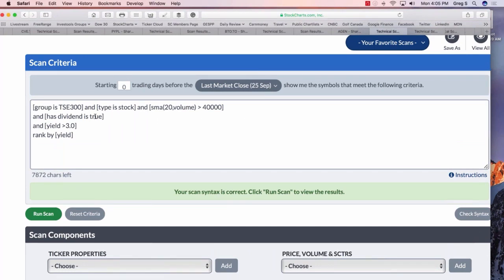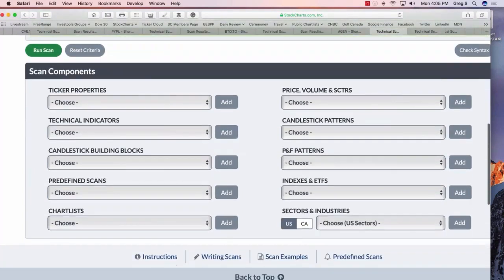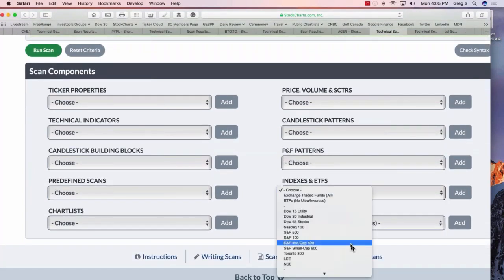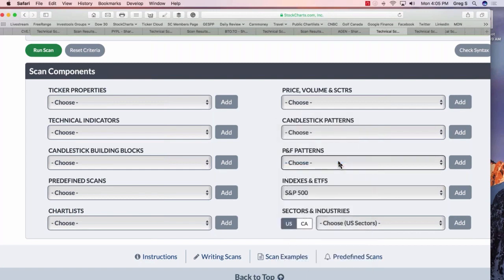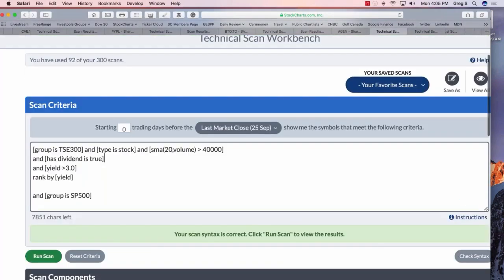So in this case, it has a dividend and you can pick the yield. Well, let's just change the group here. We're going to grab our indexes, and we want to scan, I don't know, let's just stay with the S&P 500 and add it.